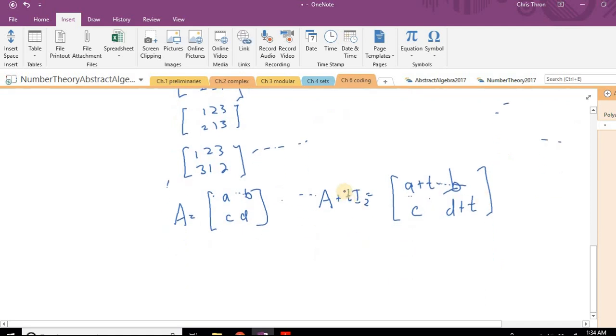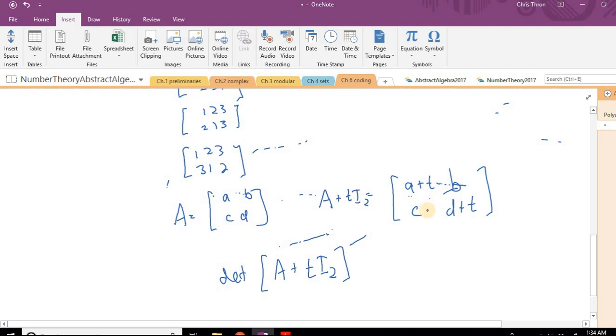Sorry for all the chicken tracks there. And then you can find the determinant of A plus tI2. Just use the regular determinant formula on this 2 by 2 matrix. And what you'll get is a polynomial in t.